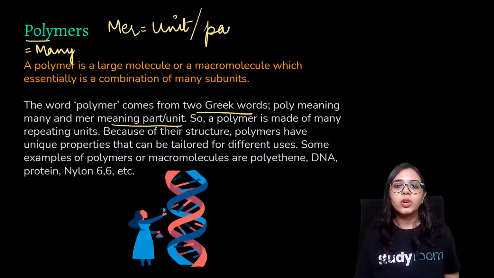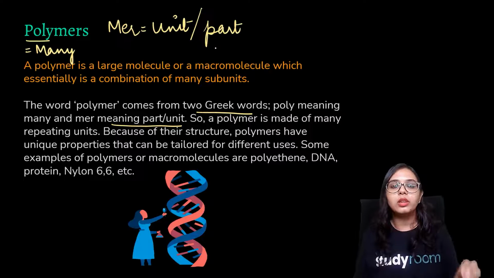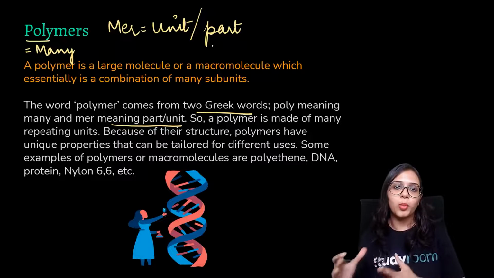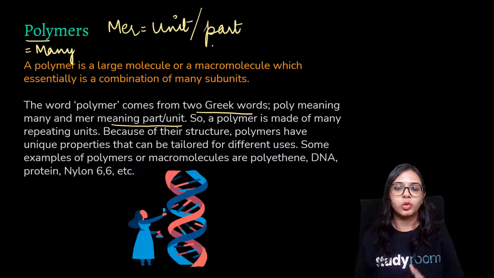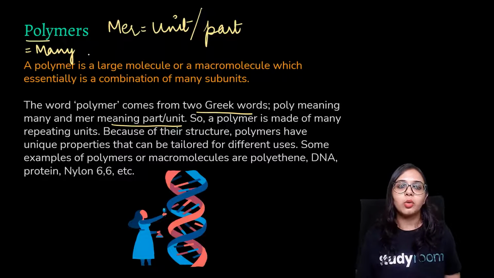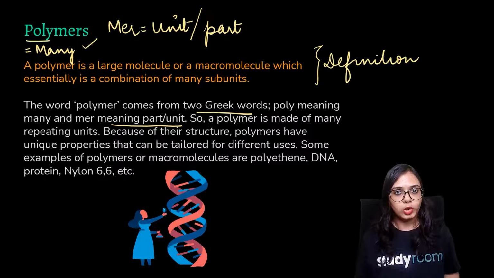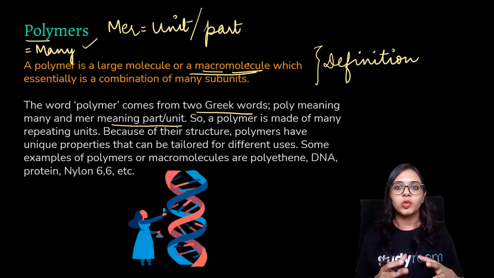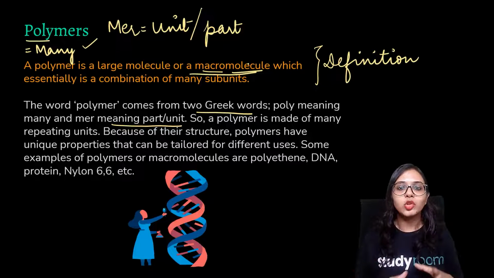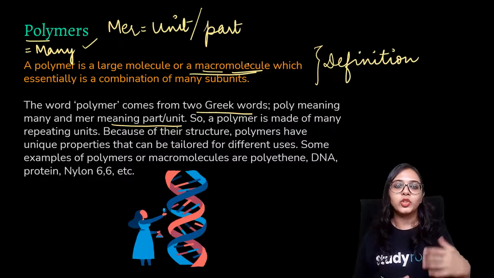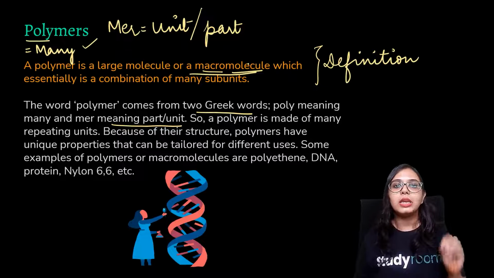When you combine these small parts, you get one larger unit that you call a polymer. This is the definition of polymer: a larger molecule or a macromolecule. Macromolecule means macro, large, and molecule is the combination of smaller units. So it is a larger molecule which essentially is a combination of many subunits.